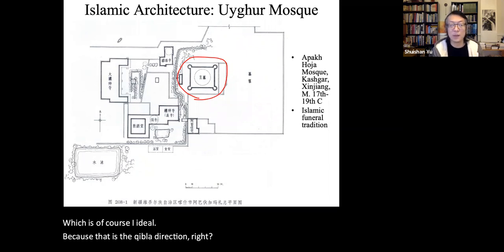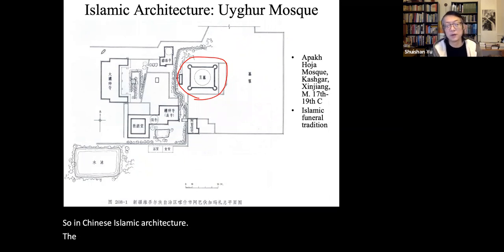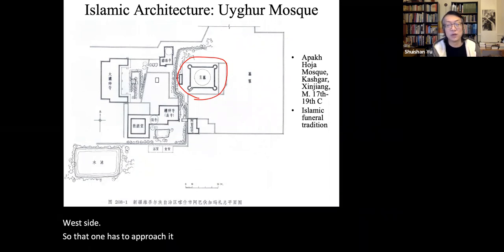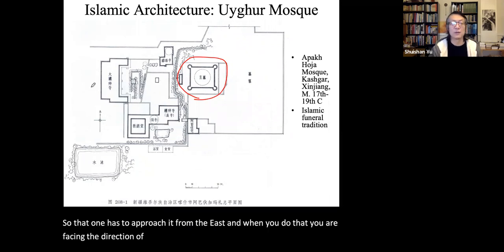So in Chinese Islamic architecture, the most important prayer hall, most important building is located on the west side. So one has to approach it from the east. And when you do that, you are facing the direction of Mecca, which is on the west of China.